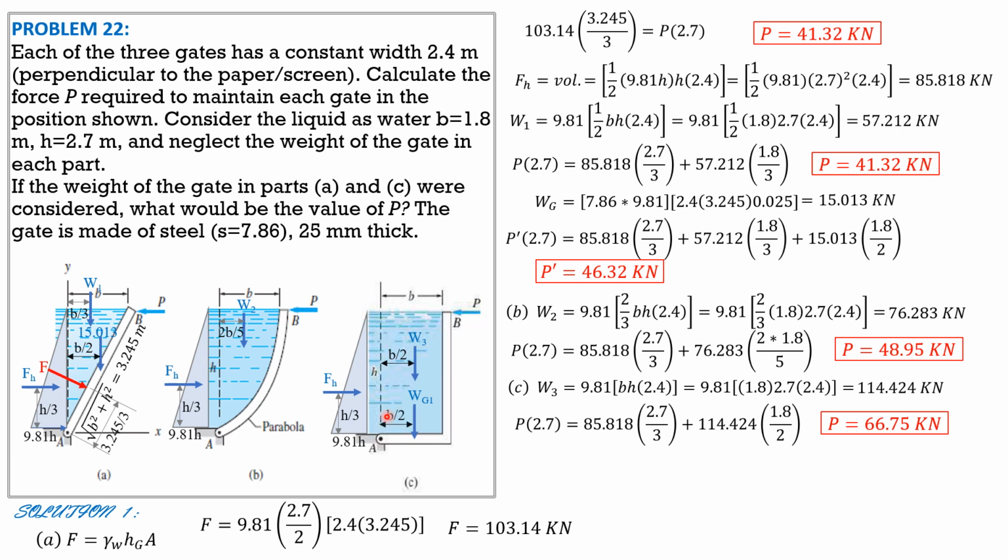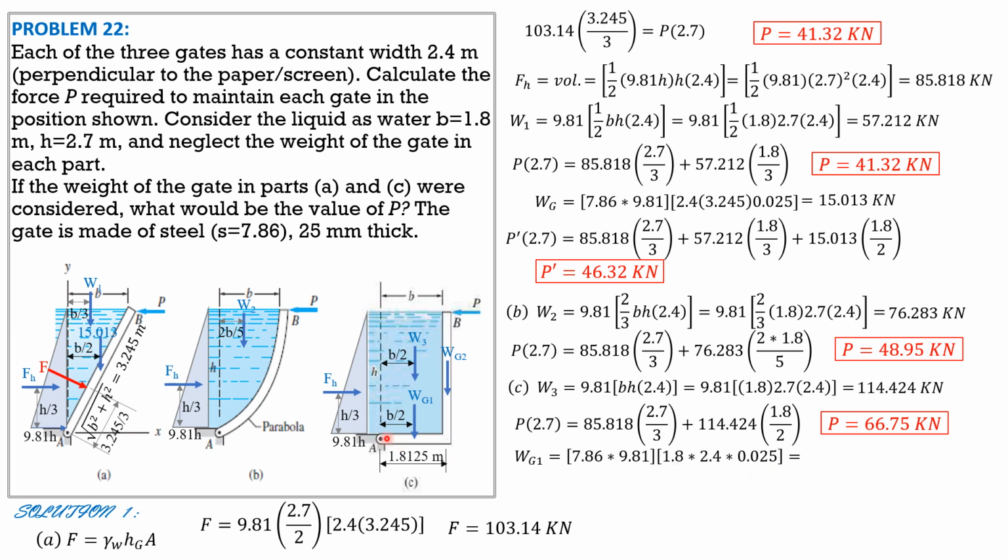The distance from A is B over 2, and call that WG2. Its distance from A is B, which is 1.8 plus half of the thickness, 0.025 over 2, so it is 1.8125 meters. So WG1 is 7.86 times 9.81 times volume: B 1.8, width perpendicular to the board 2.4, thickness of gate 0.025.